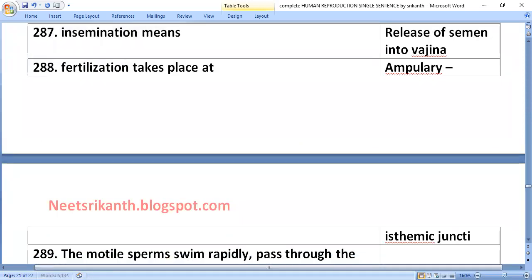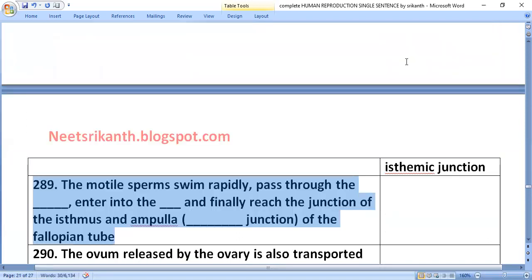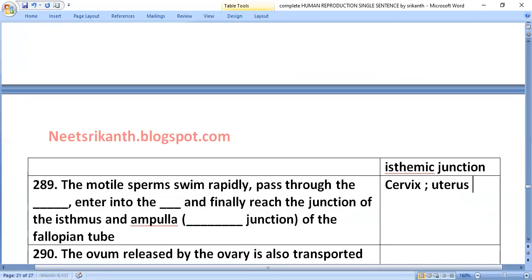Motile sperm swim rapidly, pass through the cervix, enter into the uterus, and finally reach the junction of the isthmus and ampulla. That is what you call the ampullary-isthmic junction of the fallopian tube.